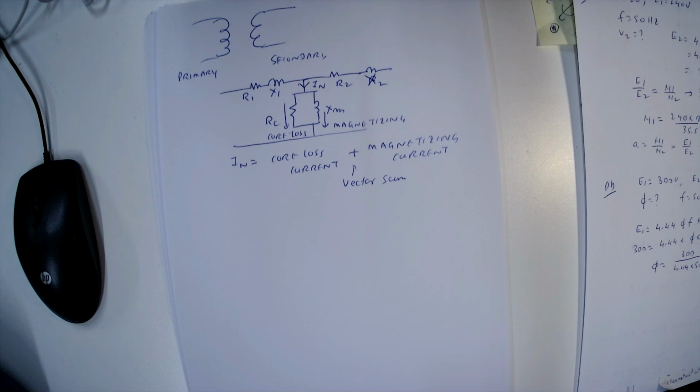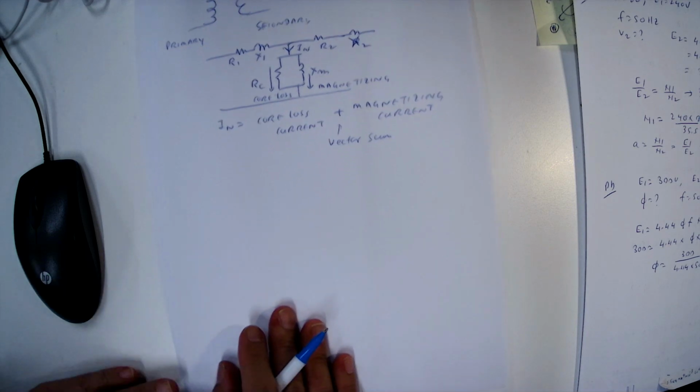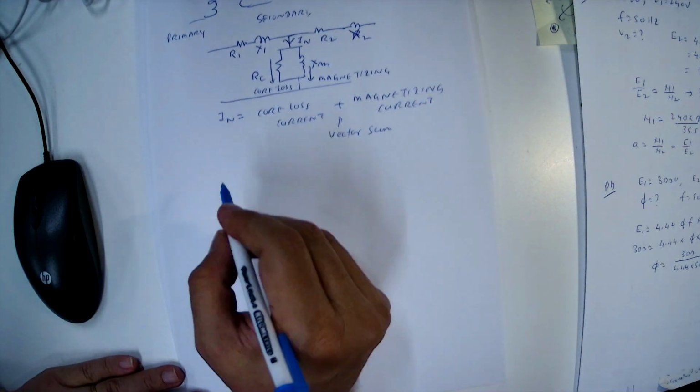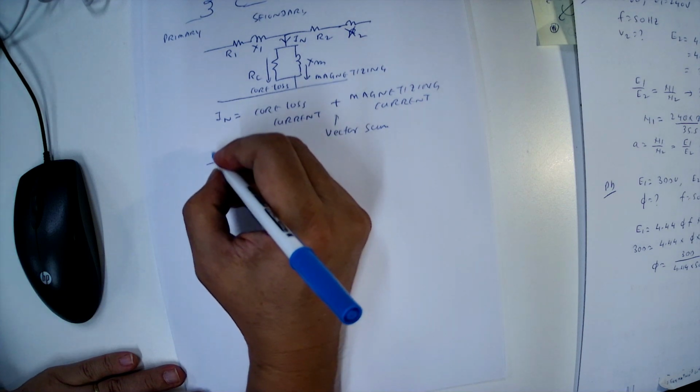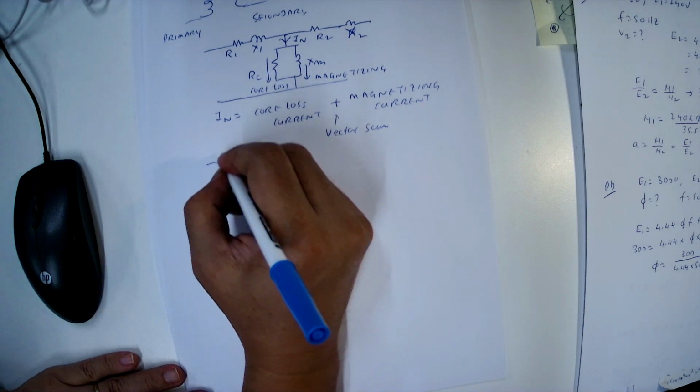Okay, so this problem: a 240/12 step down transformer, no load current 0.6 ampere, phase angle 80° lagging. We need to draw the no load phasor diagram, and find the magnetizing current and iron loss current. Normally we can draw this diagram here. This is the core loss current, the iron loss current I_C.